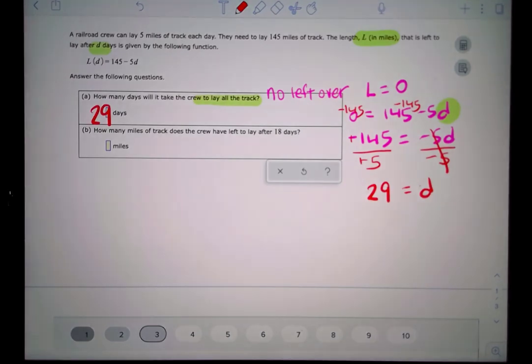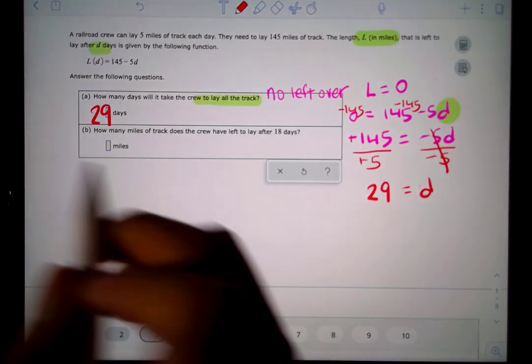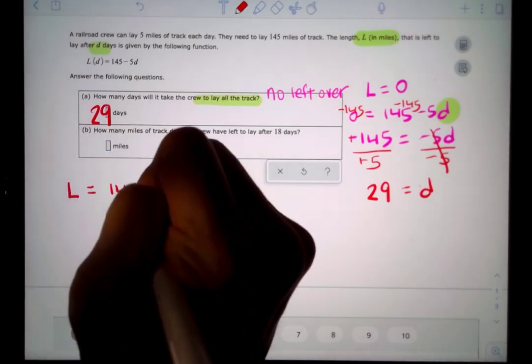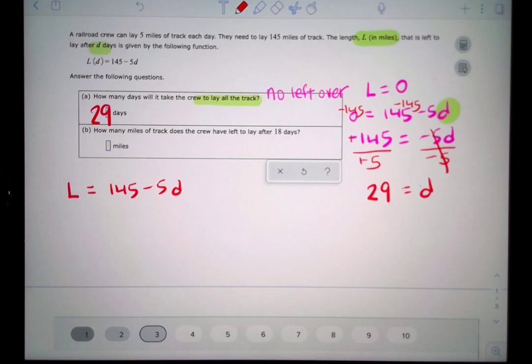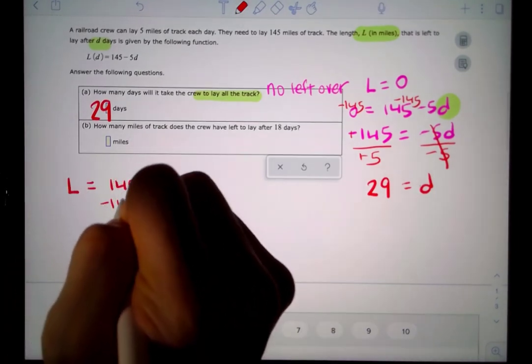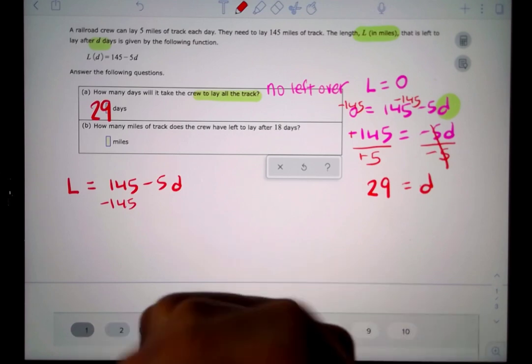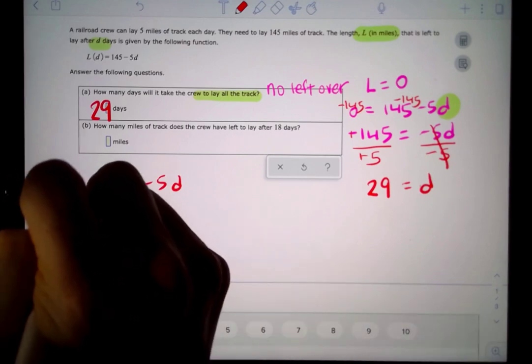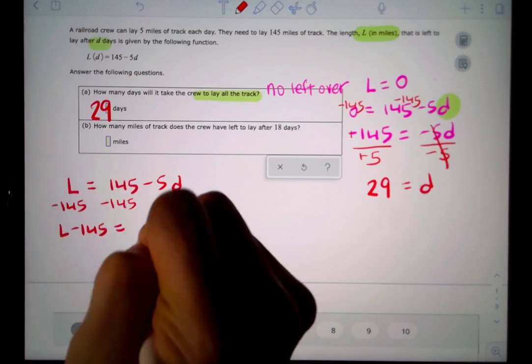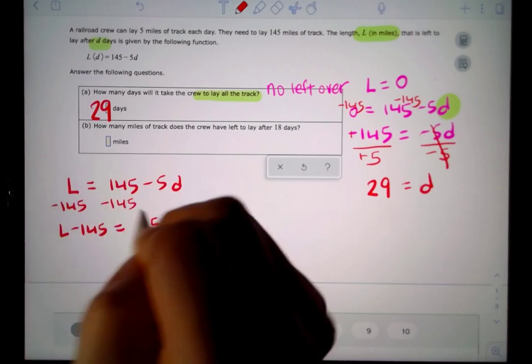Okay? And also, same way, we can get the inverse function. L equals 145 minus 5D. Right? Then you subtract 145 to get the inverse, or solve it for D. So you get L minus 145 equals negative 5D.